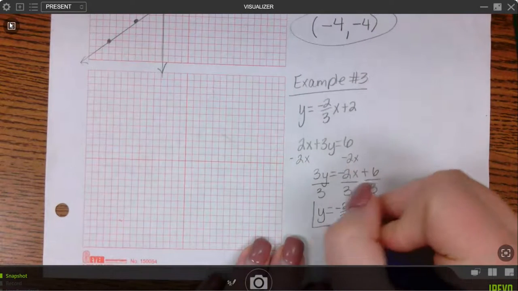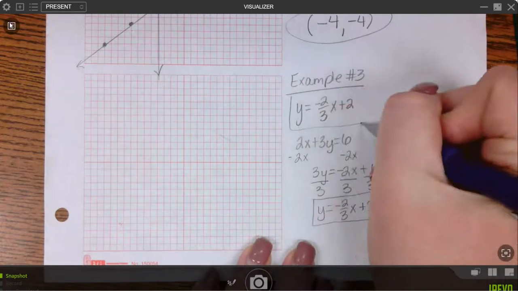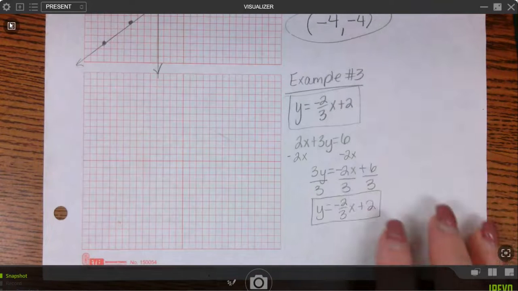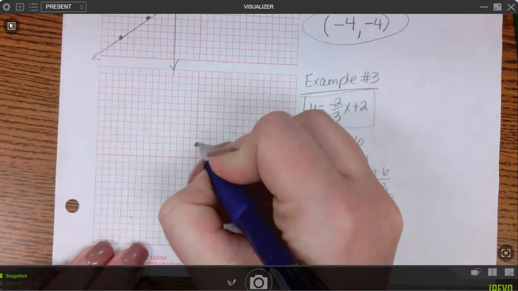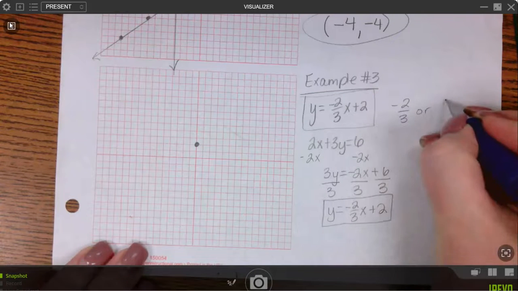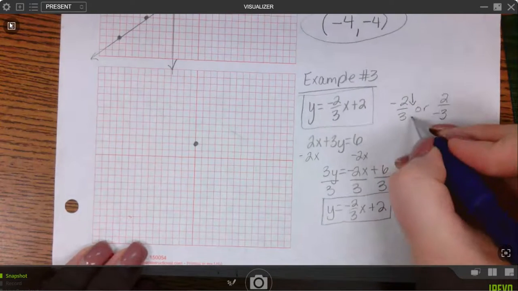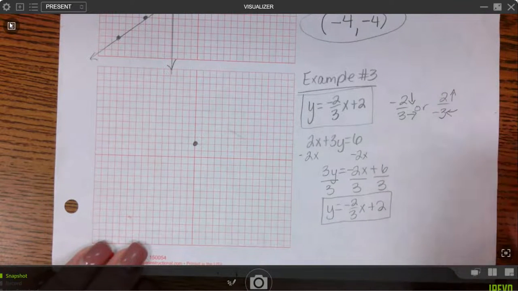So let's look at this. We have y equals negative 2/3 x plus 2. And then the first equation was the same, y equals negative 2/3 x plus 2. That's going to be the same line. Let's see what it looks like. Our y-intercept is at 2, just here. And your slope is negative 2/3. So that means we can go down and to the right, or up and to the left.